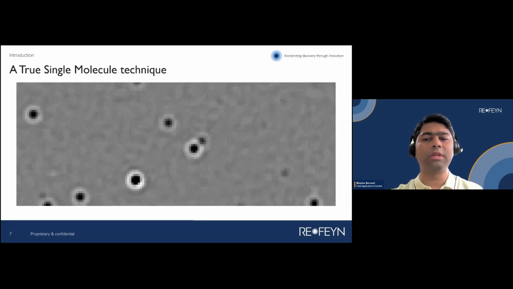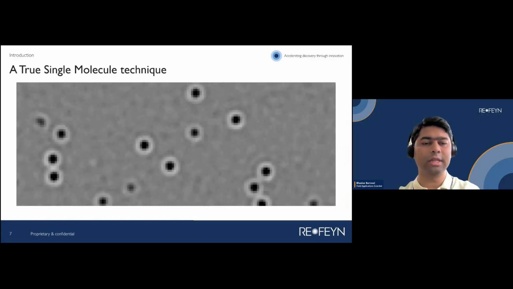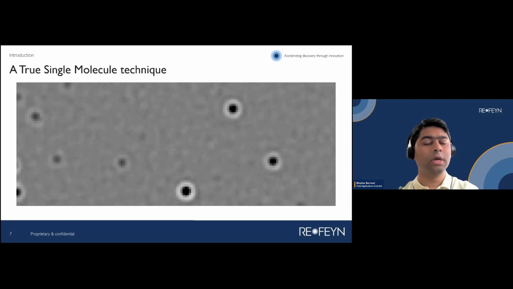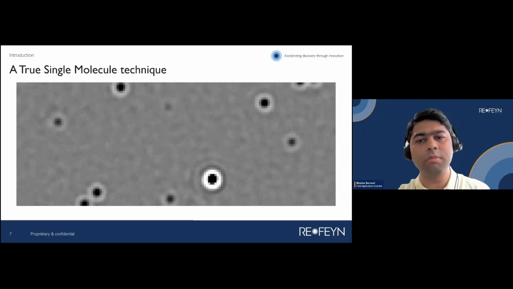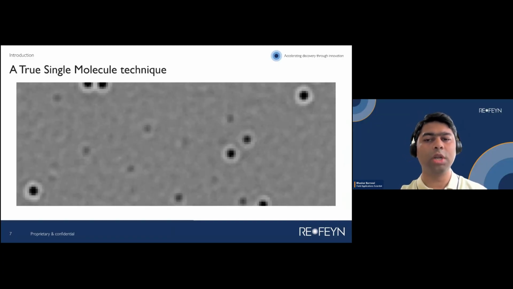What you see on the screen are single molecules landing onto the glass cover slip in PBS buffer. In this particular case, it is the thyroglobulin molecule, which is of 660 kilodalton molecular weight.